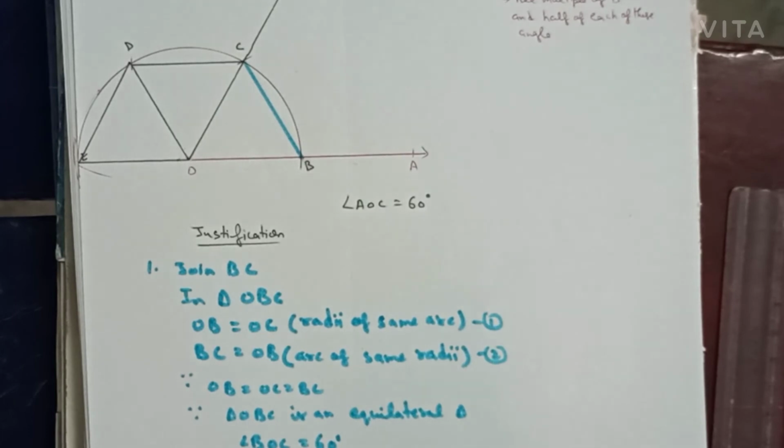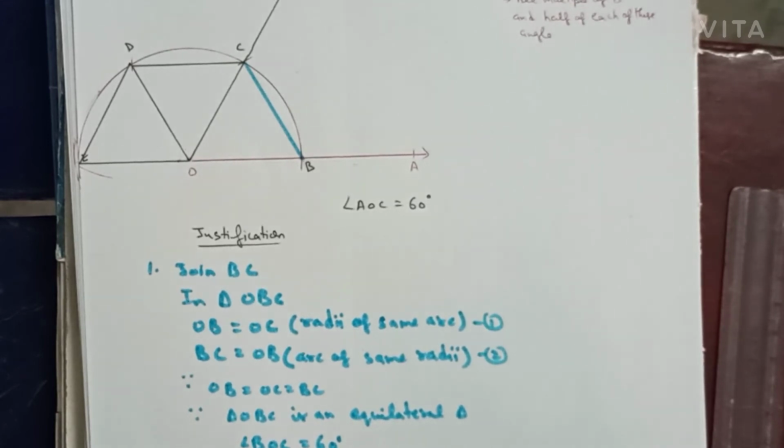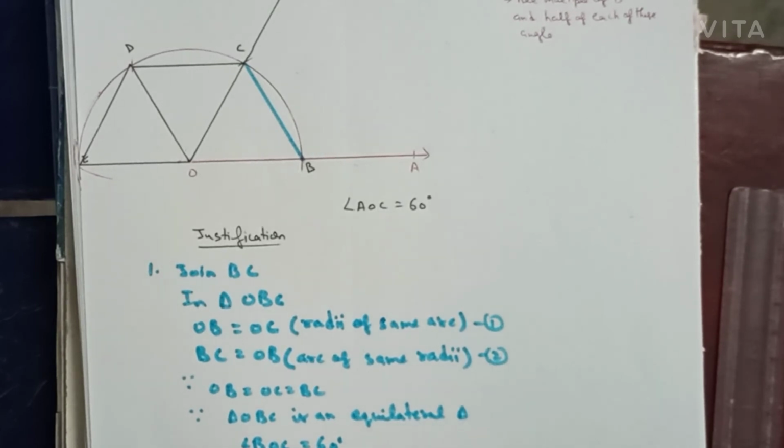In a similar manner, as we have proved that triangle OBC is an equilateral triangle, similarly we can also prove triangle COD and triangle DOE are equilateral triangles.